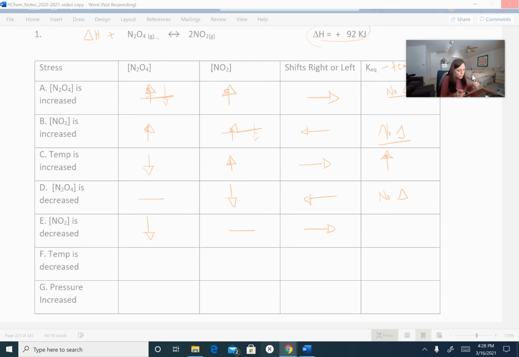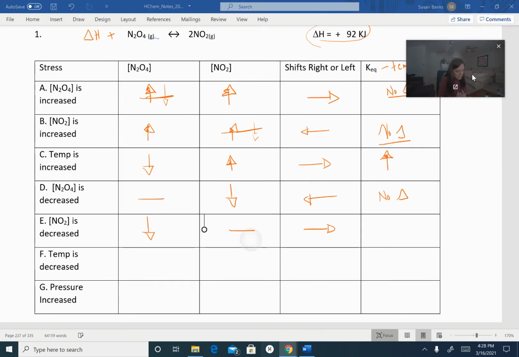So I'm going to shift to the left, towards the dinitrogen tetroxide. So my dinitrogen tetroxide concentration is going to go up, and my nitrogen dioxide concentration is going to go down. My equilibrium constant, though, because I have no change in temperature, is going to stay the same.